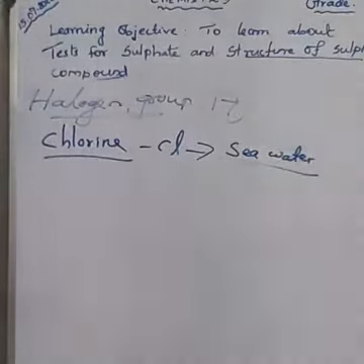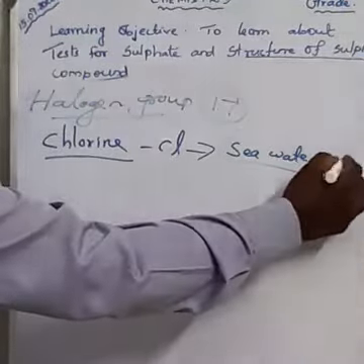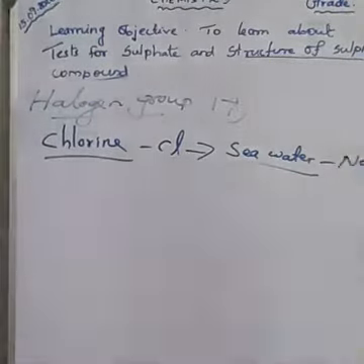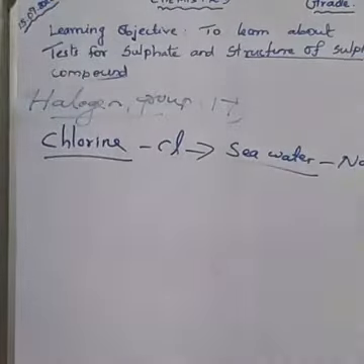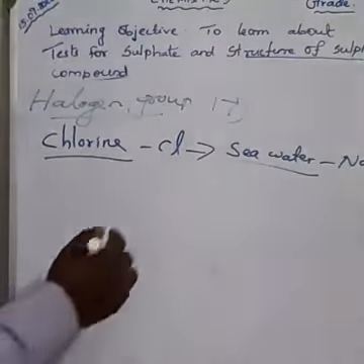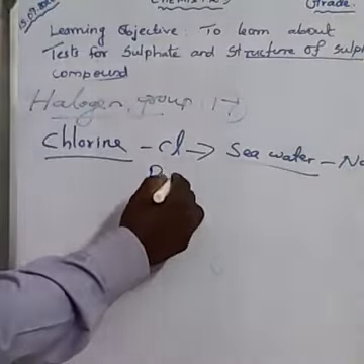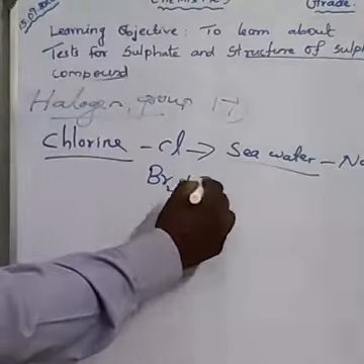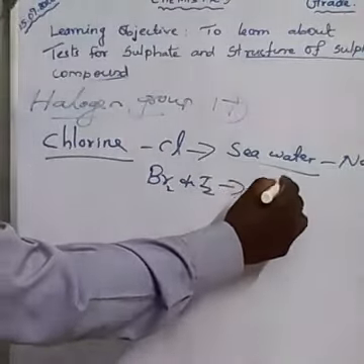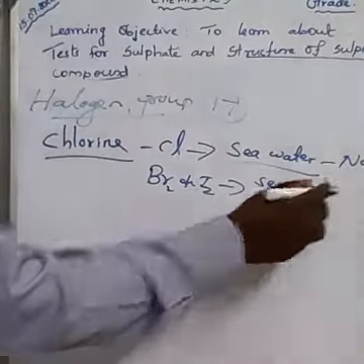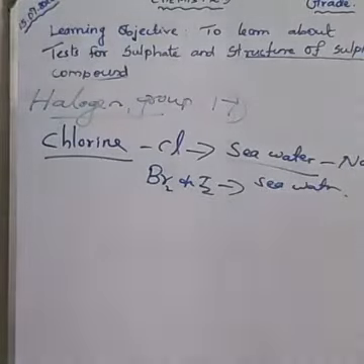The major component of seawater is sodium chloride, NaCl. Bromides and iodides also occur in seawater. These are the main sources.